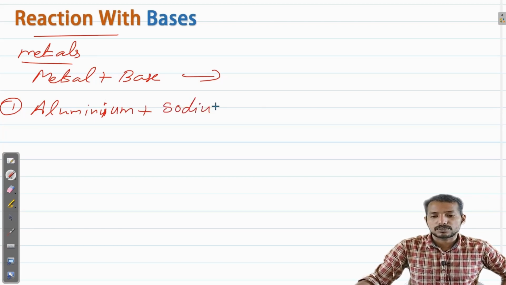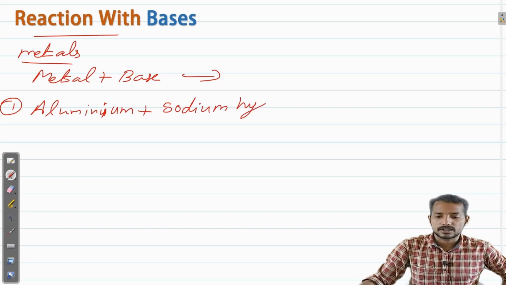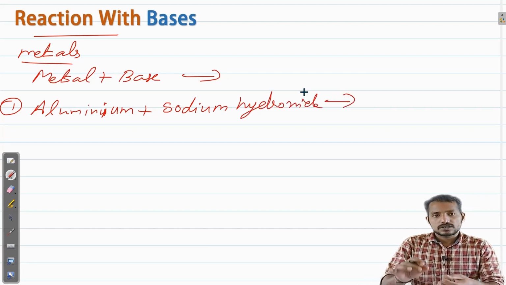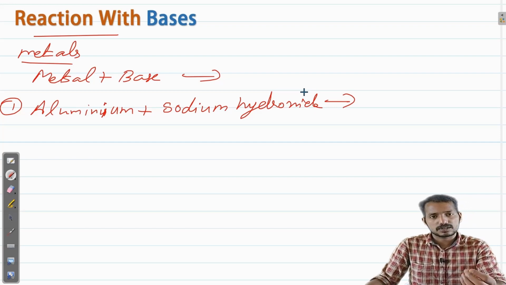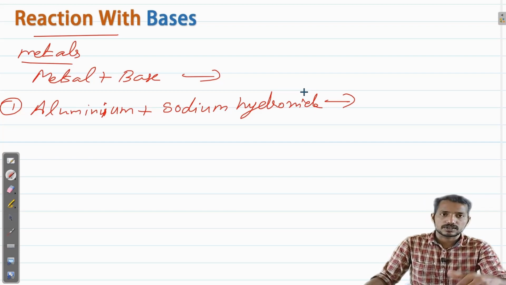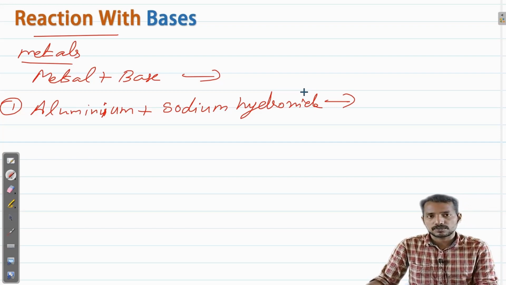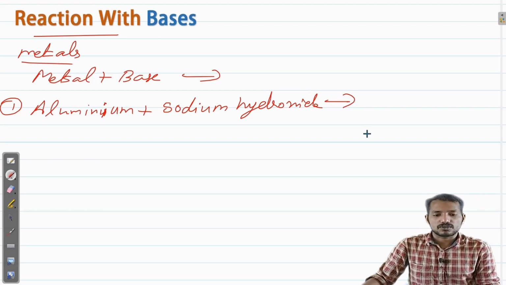Sodium hydroxide is a base. Just take some amount of sodium hydroxide in a test tube and put some pieces of aluminium. Keep for some time, the same bubbles will be formed as we discussed in the case of reaction with acid. So the presence of these bubbles indicates the presence of hydrogen gas.